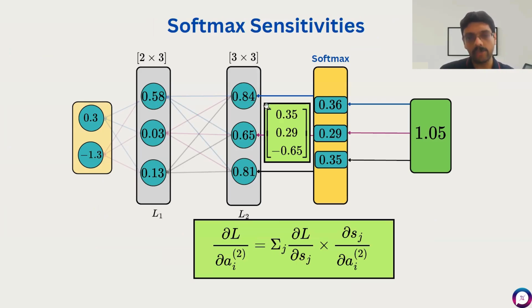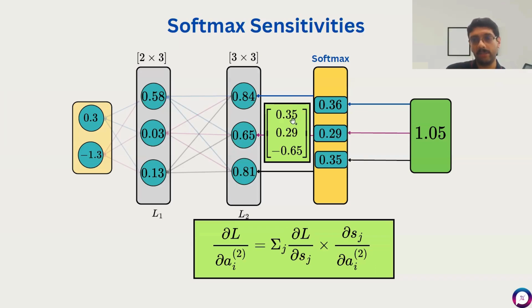And we've covered this again: the sensitivity of the loss with respect to each output of the softmax times the partial of that output with respect to the input coming into the softmax. So we can evaluate this and we end up with this.